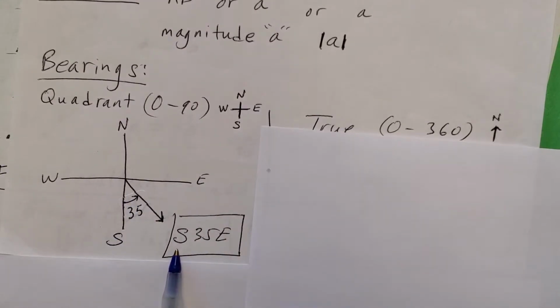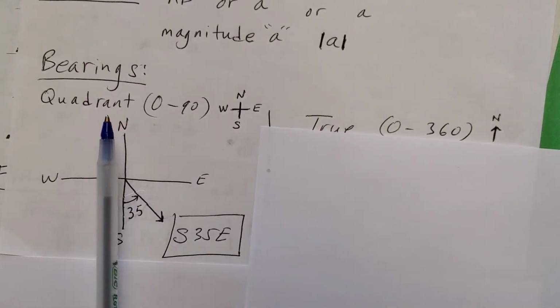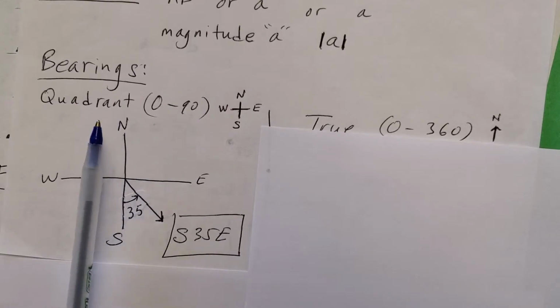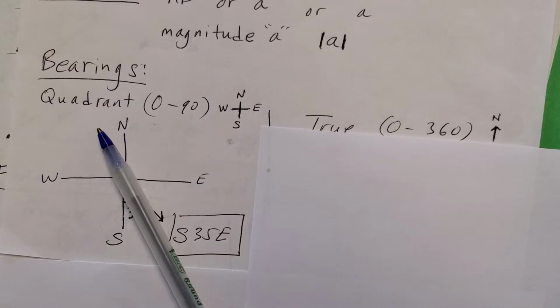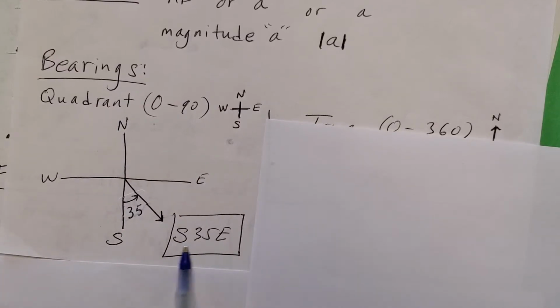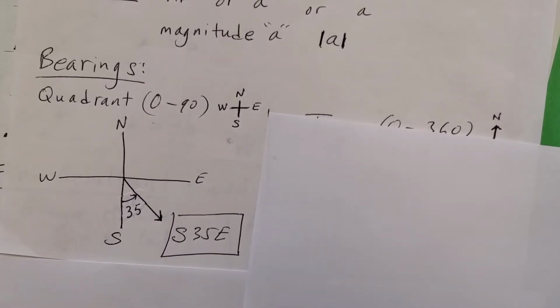Right? But if you say south 35 east, then what you're saying is you start at south and then turn towards the east 35 degrees. So now we all know which direction we're going. South 35 east. If I would have said north 35 east, then you start here and go 35 towards the east. North 35 west would be this way, right? So you need the two letters, the two directions on either side of the angle. That's one way to do it.